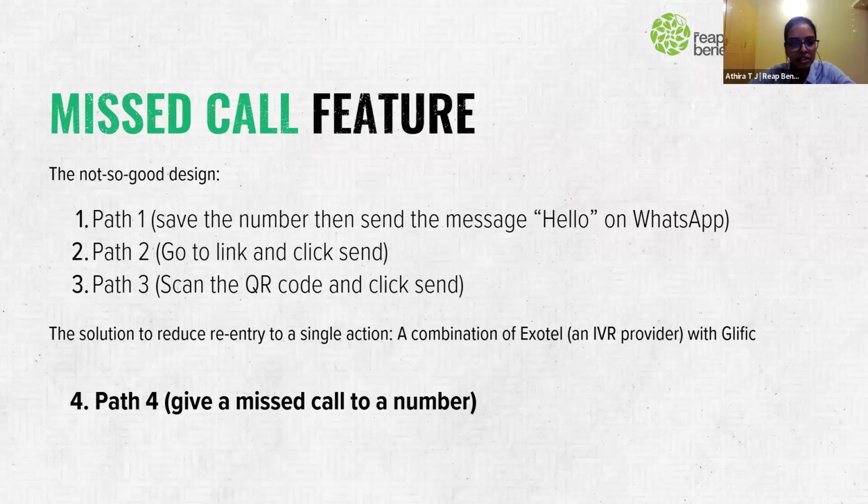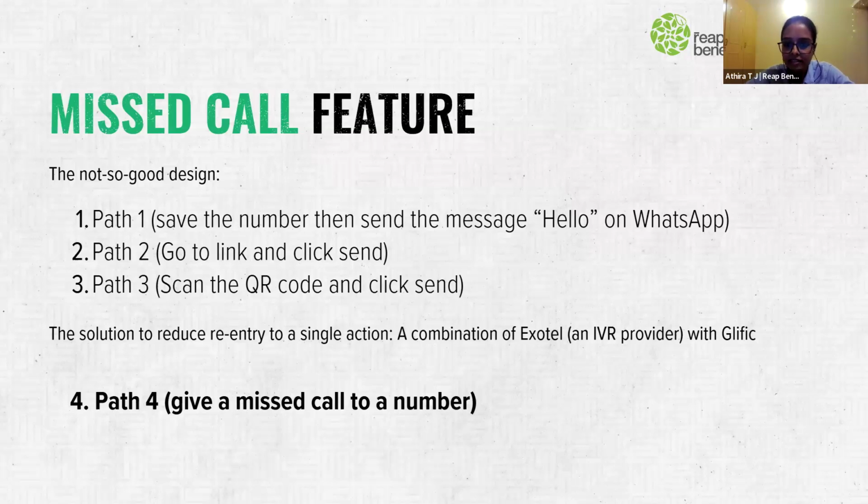The other method is that we share a link with the targeted users, and they can click on the link, and then they have to click on the send button to actually send the keyword to onboard and opt in into the system. And the other method was, instead of a link, they can scan the QR code, which also takes them to the chatbot, and then they have to click on the keyword and click on the send button.